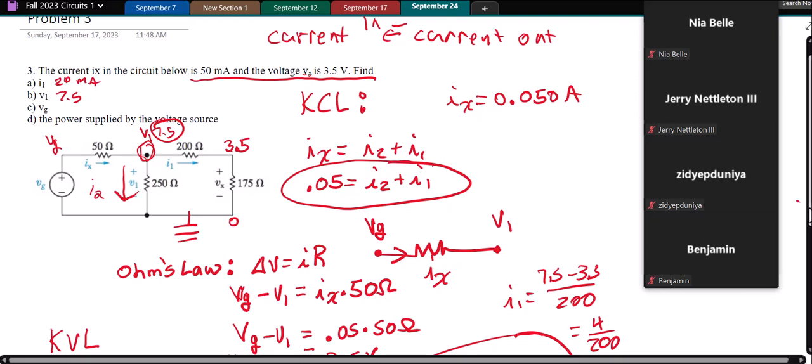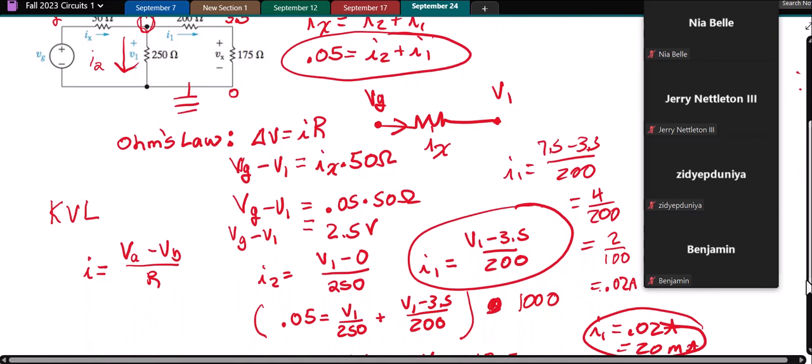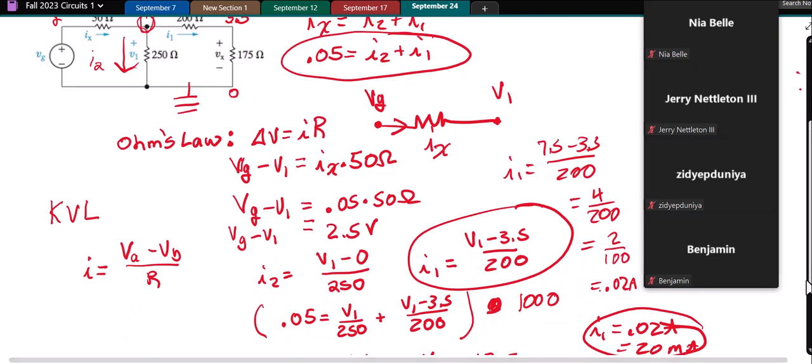So let's see what we've got that will help us with VG. So we already have that VG minus V1 equals 2.5 volts.